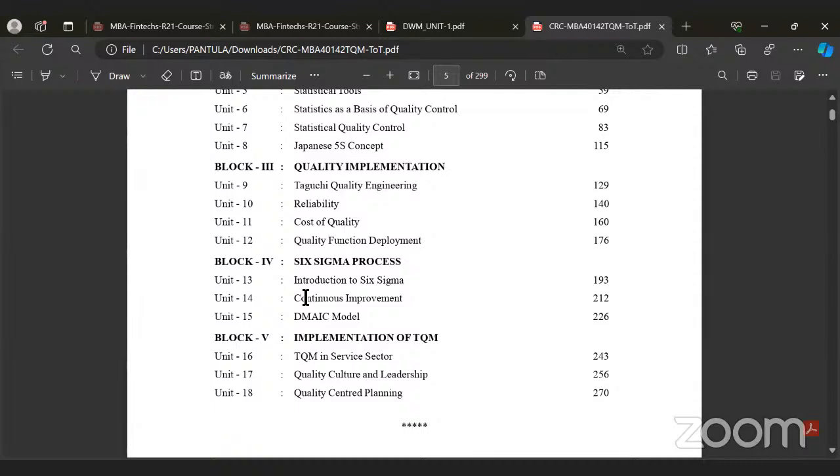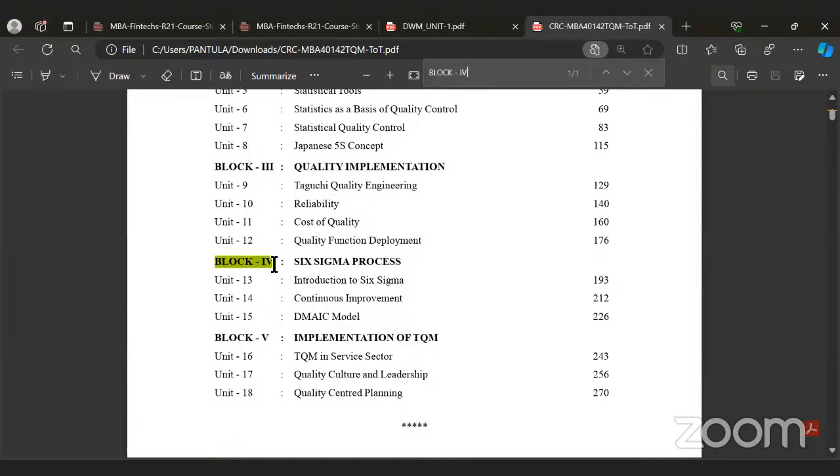What is meant by Six Sigma? In general, we call Six Sigma almost zero defects.